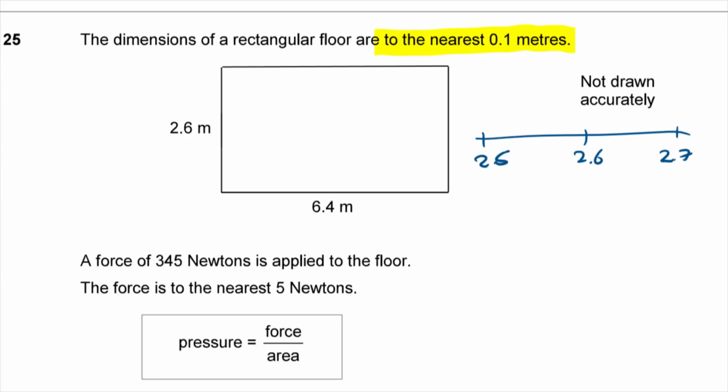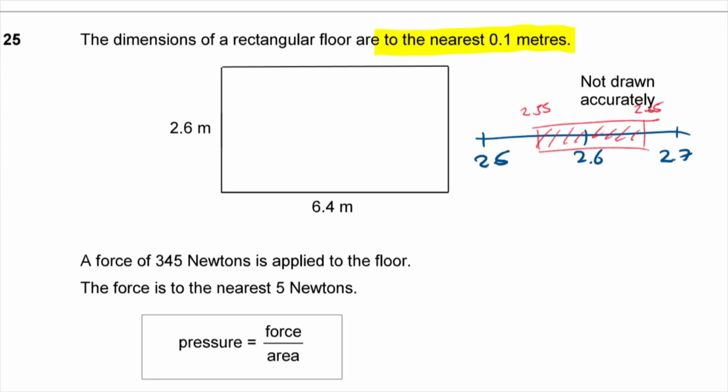And then the values that are closer to 2.6 are going to round to 2.6. Now they're going to be the values that are halfway between 2.5 and 2.6. So 2.55 is the lower bound and 2.65 is the upper bound.